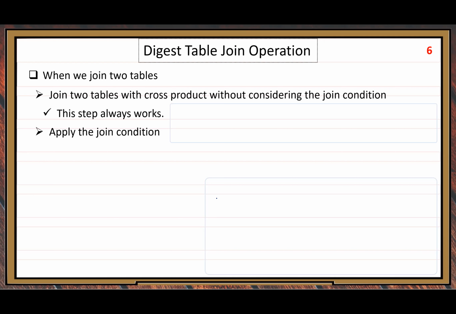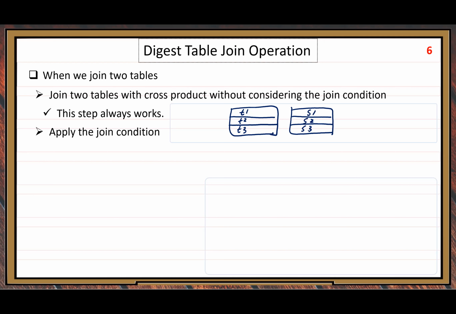Let me describe this using a diagram. The first table has 3 tuples: T1, T2, T3. The second table has 3 tuples: S1, S2, S3.